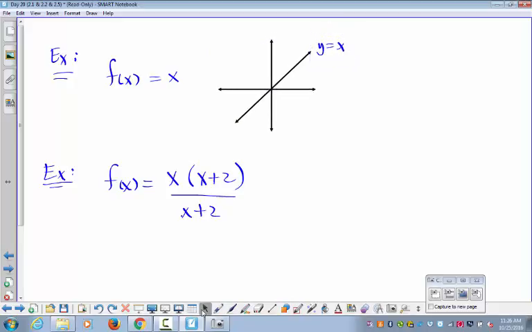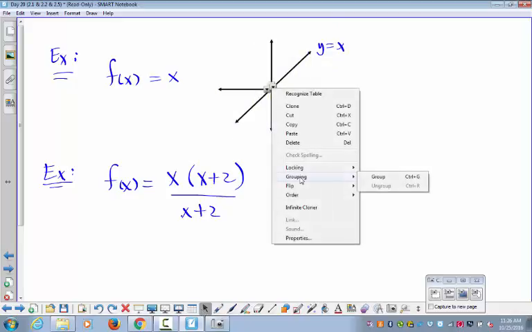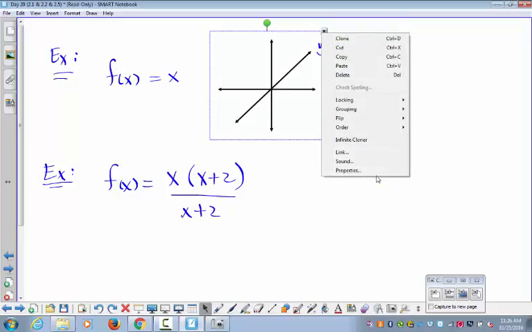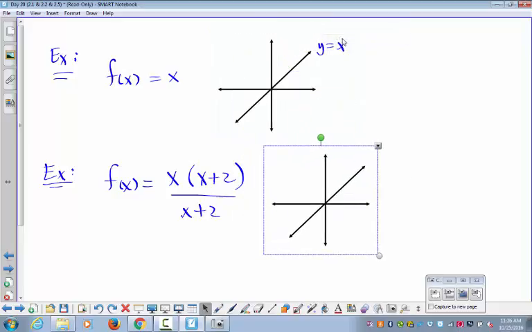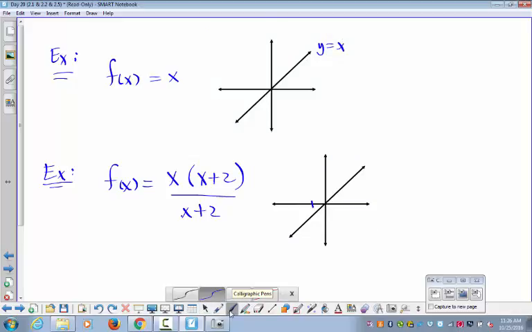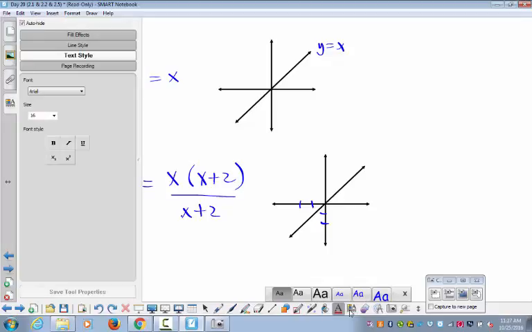It's going to look really similar. And so it's going to be that, except we're going to be missing one point. So at -2, -2, we need to take out a single point from the graph. So we have to remove one point.